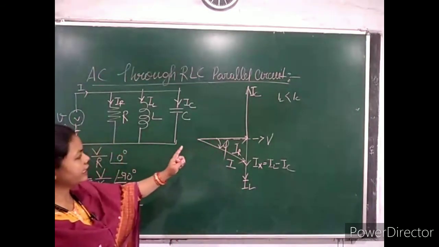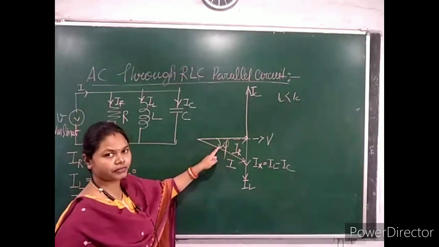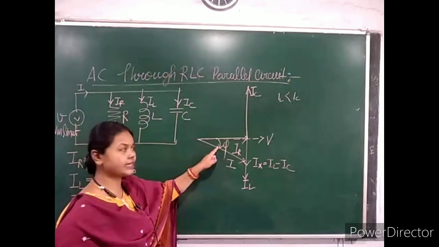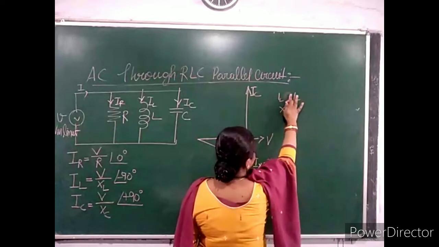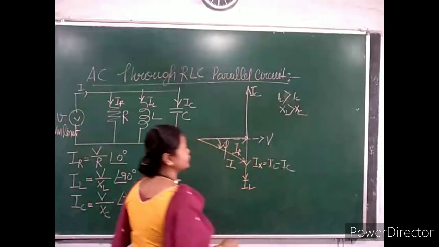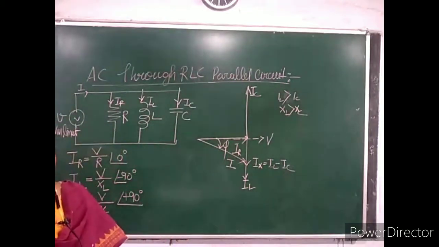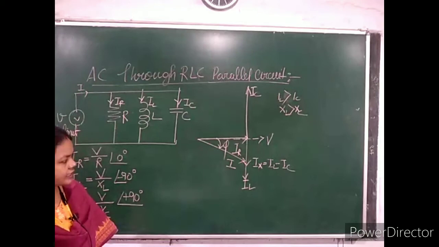If IL is greater than IC, you get a lagging power factor. It means when XL is greater than XC, you get a lagging power factor.